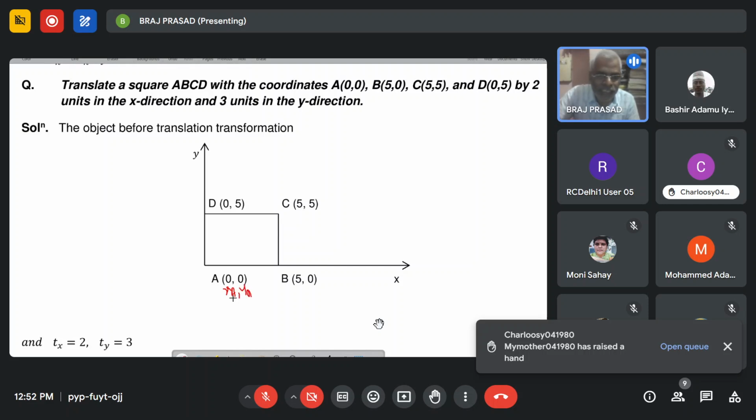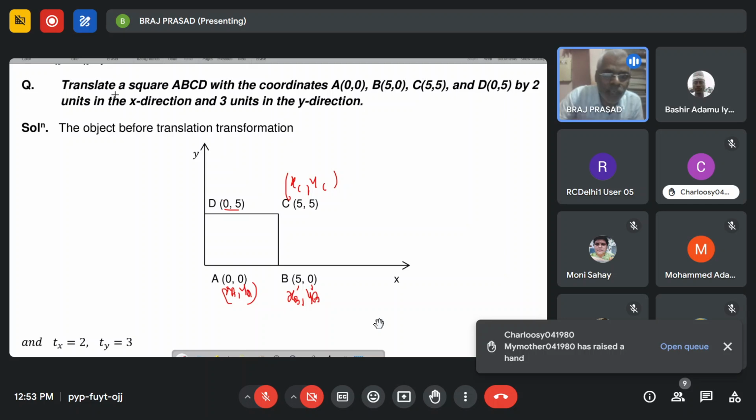You can also write x1 y1. This is our xb and yb. The coordinate of yb is 0, and the coordinate of xb is 5. Similarly, this is our C, xc, and yc. Similarly, you can write the coordinates x1 y1, x2 y2, x3 y3, x4 y4. The coordinates are given here.